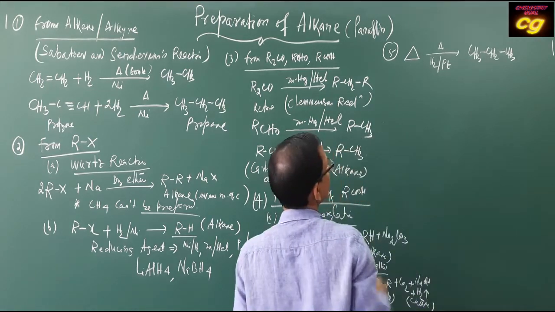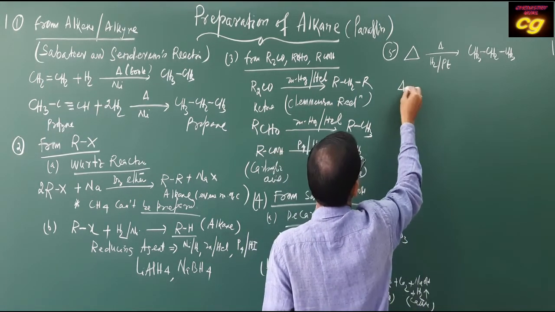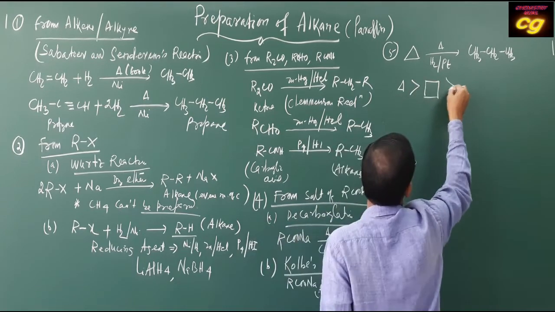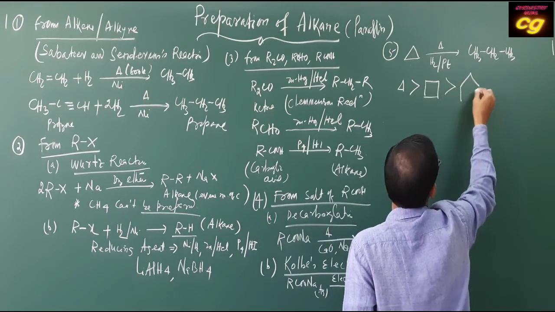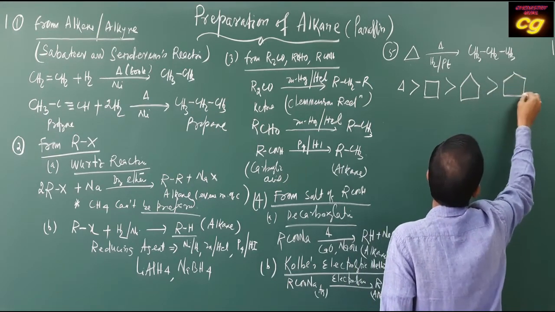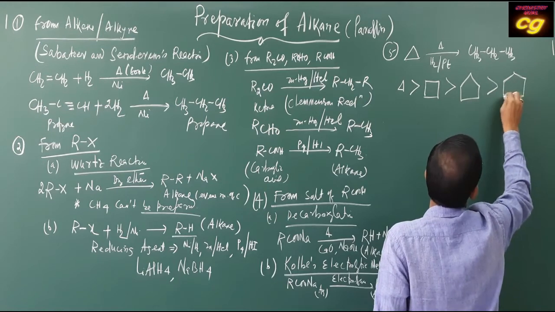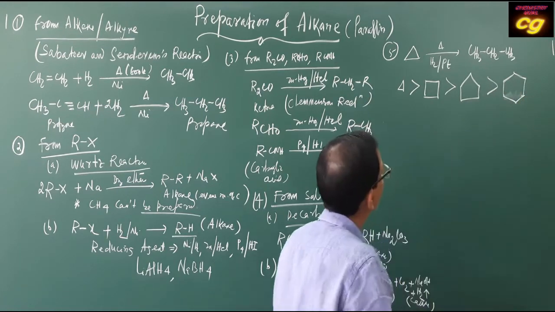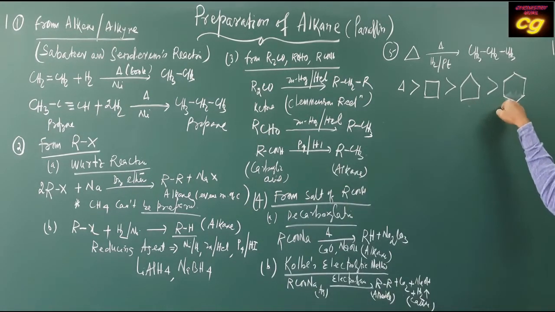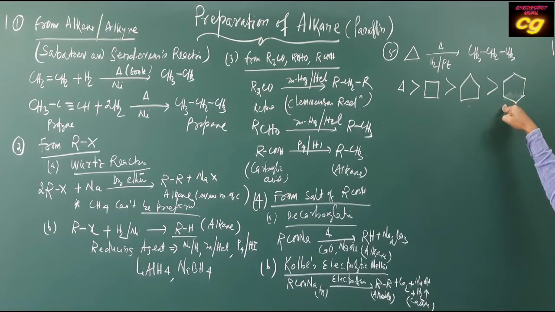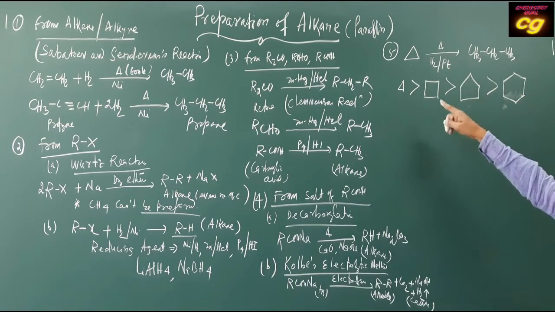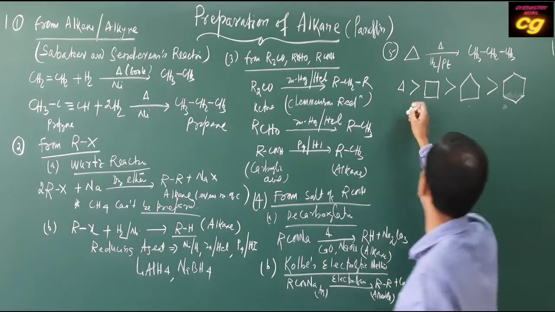One important thing, the reactivity is cyclopropane greater than cyclobutane greater than cyclopentane greater than cyclohexane. Pentane and hexane rings generally are very low reactive towards this reduction, because this depends on angular strain, more angular strain.